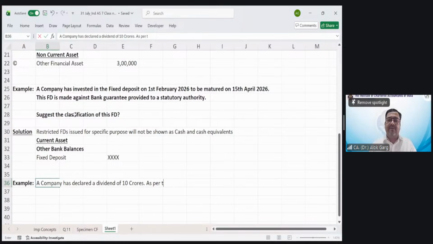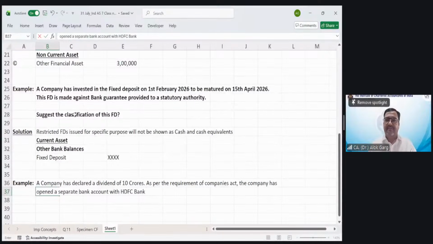As per the requirement of the Companies Act, the company has opened a separate bank account with HDFC bank for transfer of dividend to the shareholders.